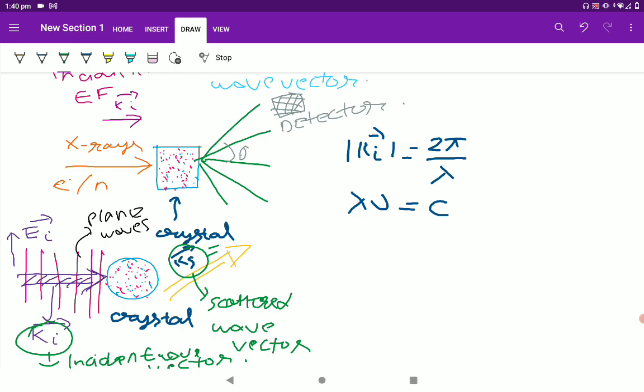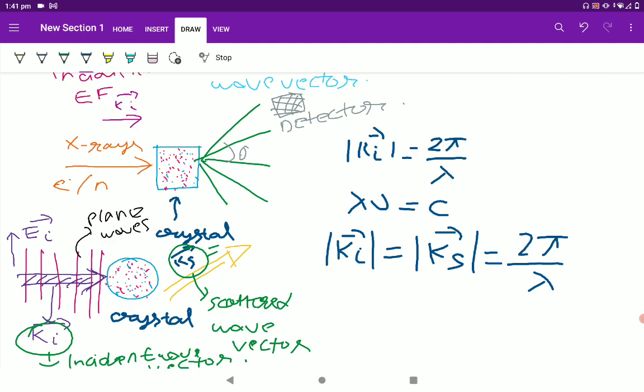So here elastic means the modulus of the incident wave vector is equal to the modulus of the scattered wave vector, if we are considering elastic scattering. It is equal to 2 pi by lambda. So the wavelength doesn't change, and we will call it just k, the wave vector. So the wave keeps its wavelength.